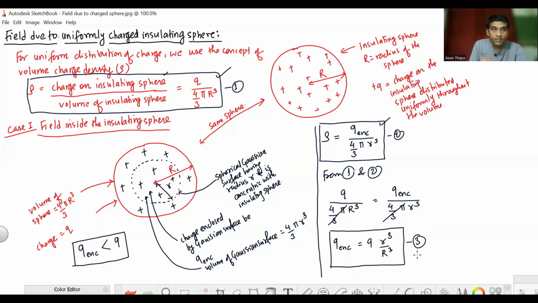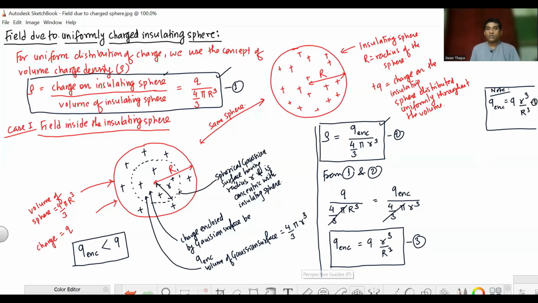Let me write it over here. Charge inside the Gaussian surface equals the charge on the insulating sphere times small r power 3 divided by capital R power 3. This is equation 3.